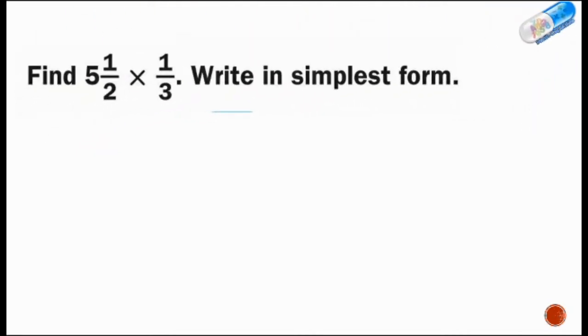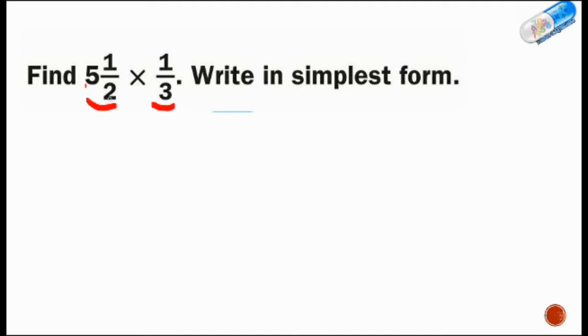Another example. Find 5 1/2 times 1/3. Write in simplest form. Again, here you have a mixed number and here you have a fraction. So this mixed number I will make an improper fraction. I'll multiply the whole number times the denominator, then I add the numerator.